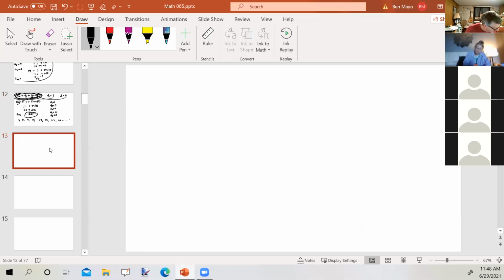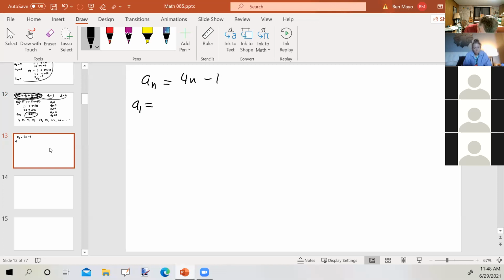So for instance, this first one says, given that a sub n equals 4n minus 1, okay? So now we're not using that arithmetic sequence general formula that I gave you. We're using a sub n equals 4n minus 1. That's the formula. Write the first 5 terms of each sequence.